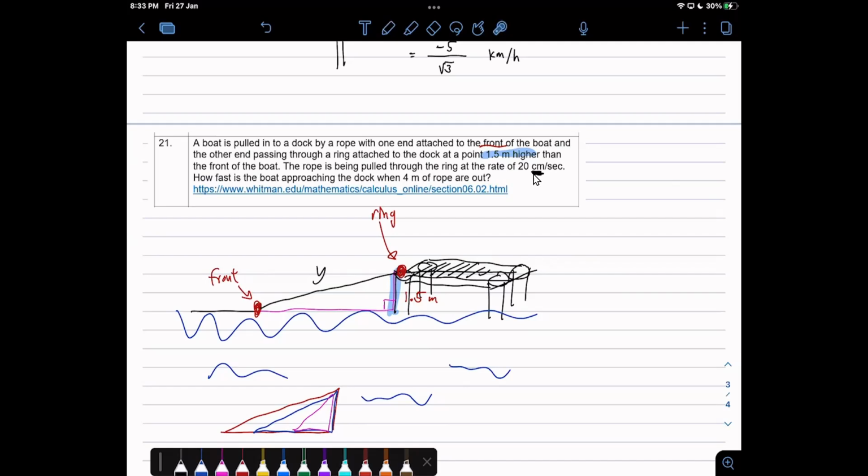How fast is the boat approaching the dock when 4 meters of rope are out? What does that mean, when 4 meters of rope are out? And also, what is how fast? How do you measure fast? It's actually referring to speed. But you need d something over dt.